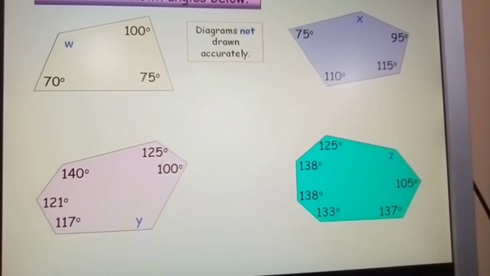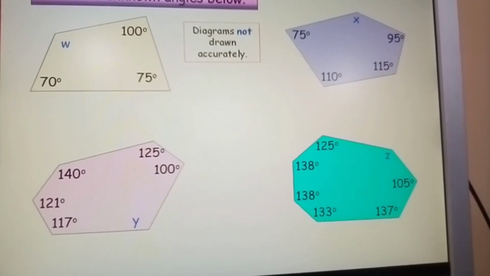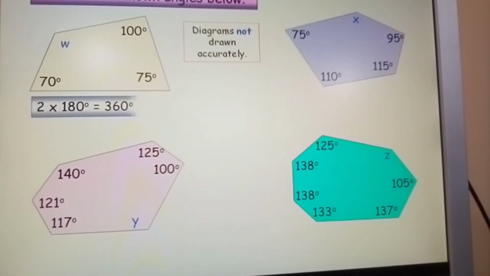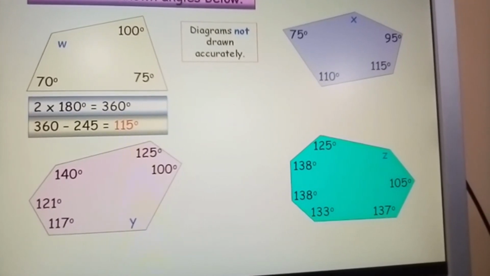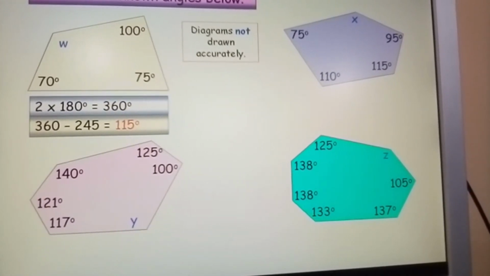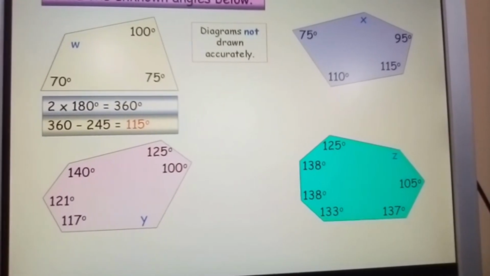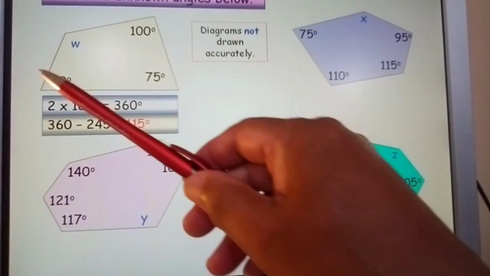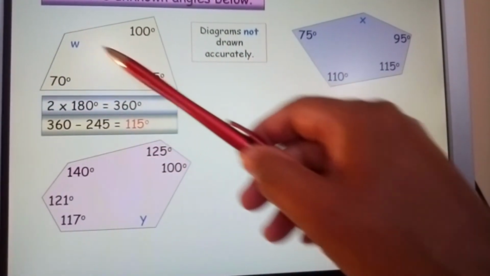So by my calculation, W should be 115 degrees. Okay, so W should be 115 degrees. So you can see that I am correct in my calculation, because we have two triangles.